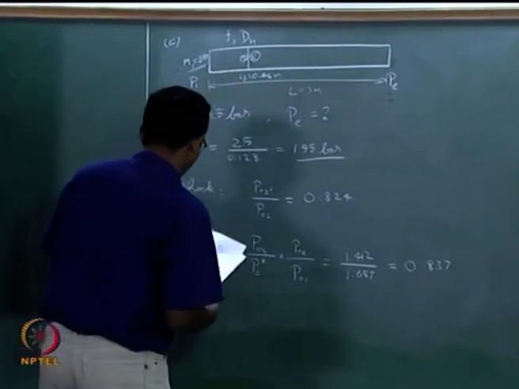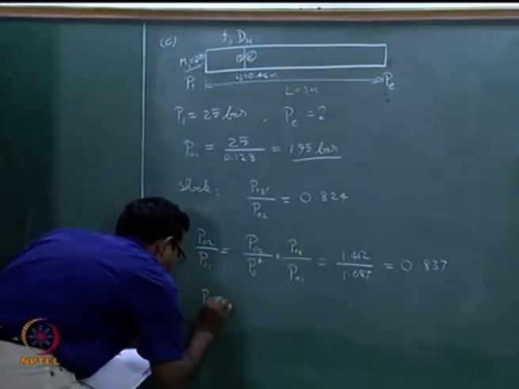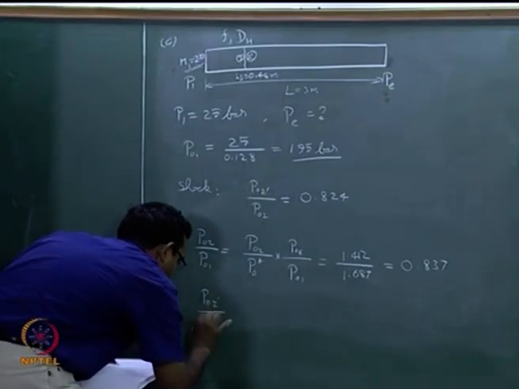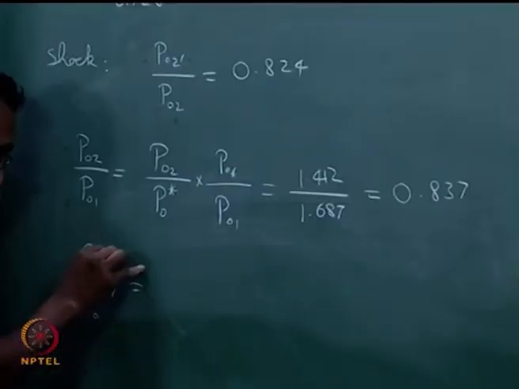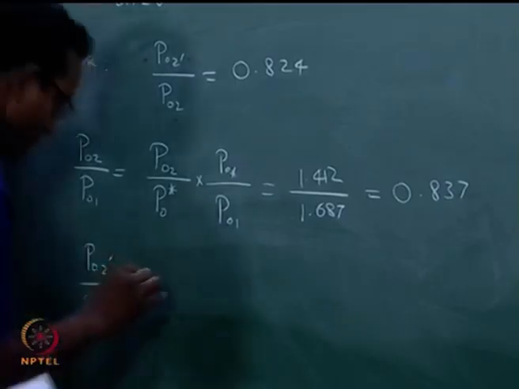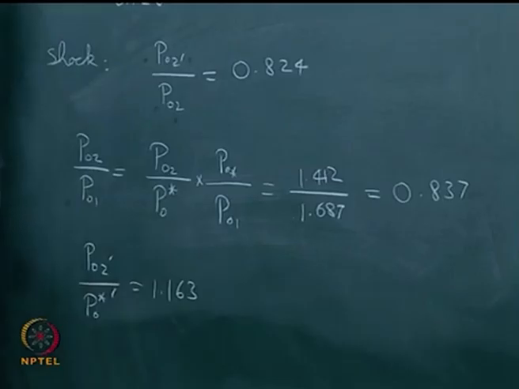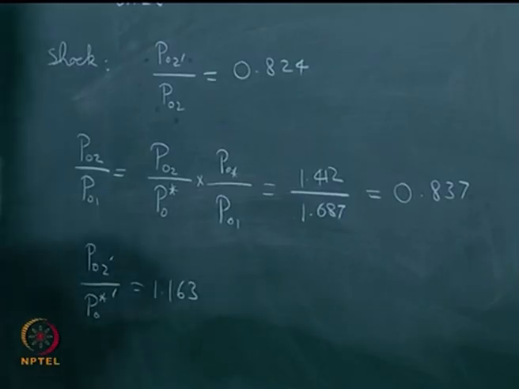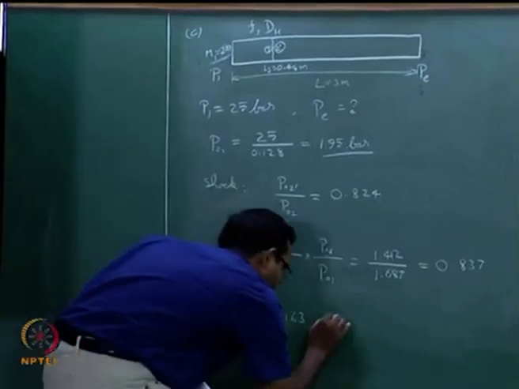So, I just have to find that value, P02 prime divided by P0 star prime, that value happens to be 1.163. Now, if I multiply all these appropriately, I can get P0 star prime divided by P01. That is what you need to do.